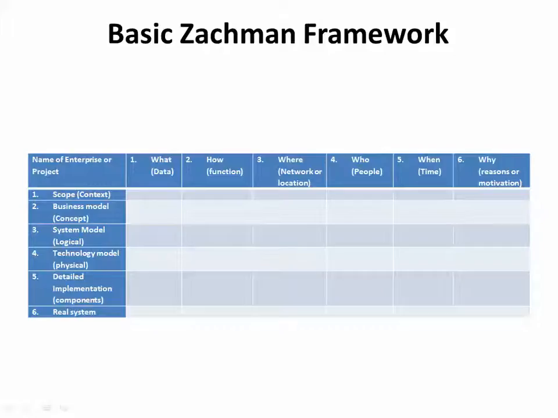Where talks about location, which in this case is going to be a school. Then we have who, the people involved, and we have time constraint. Column 6 is very important. It talks about the rationale or motivation behind the system.